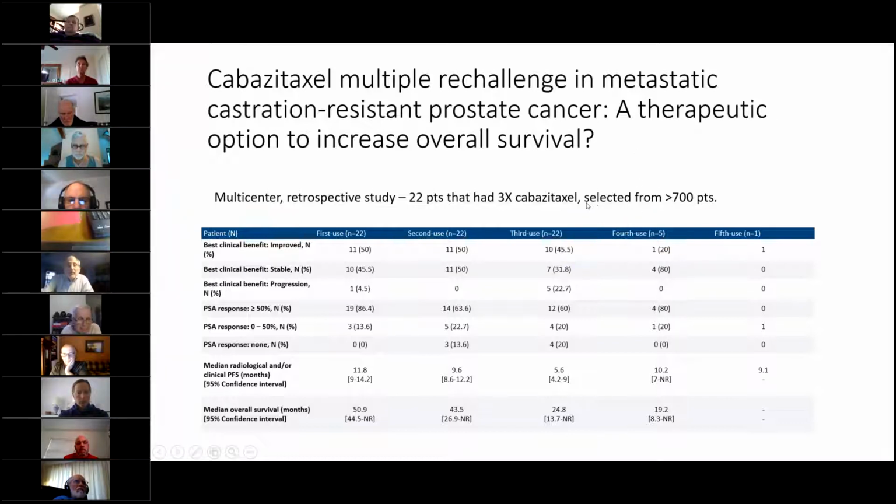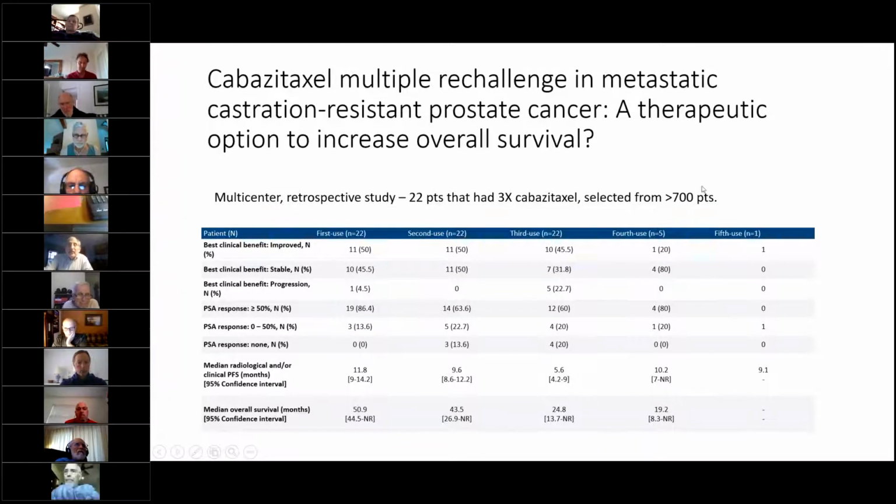The only thing for me was that this is a retrospective study where they started looking at 700 patient records and evidently only found 22 that had 3 uses of cabazitaxel or more. So I suppose if you can take 3, you can take 4 and 5 if you need it. I thought this was pretty interesting just because it continues to work.